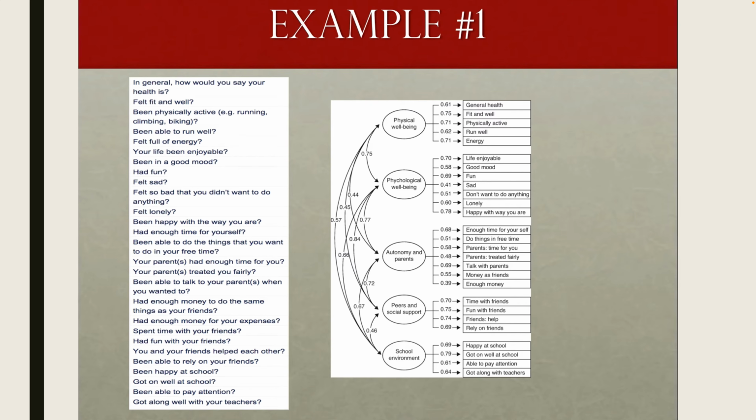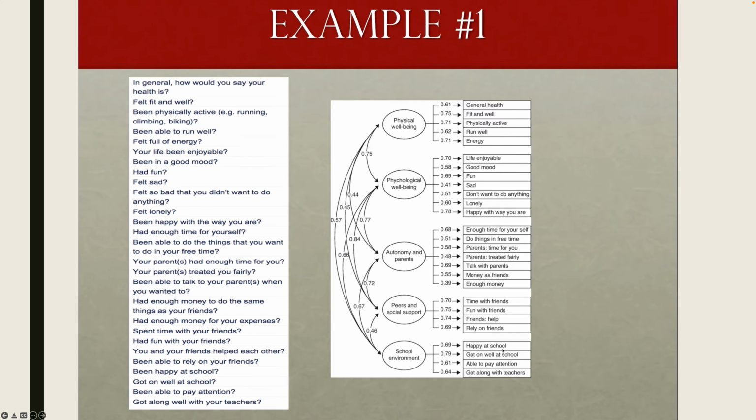So the first question, in general, how would you say your health is? I'm circling it right there, would load on a kind of latent variable, if you will, of physical well-being.